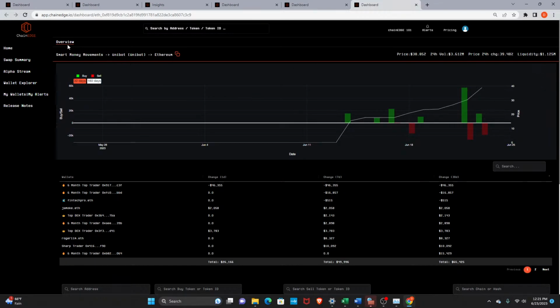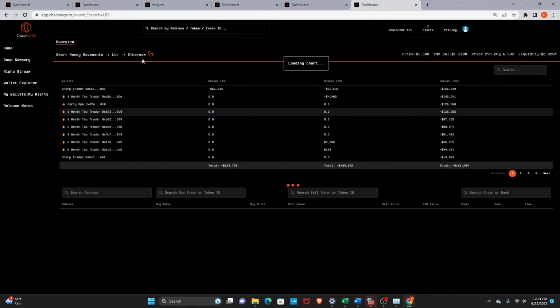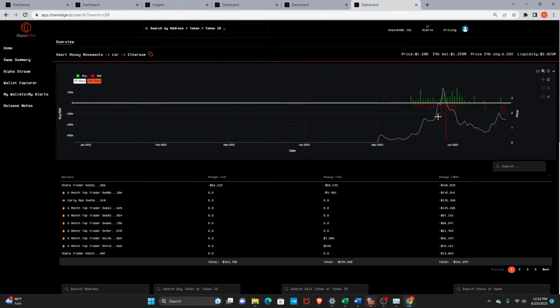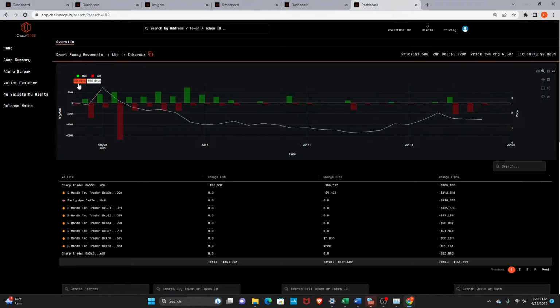And if you're going through these charts, what I typically look for, LBR is a good example when you're trying to understand what's going on in the charts, is when you start seeing the sells. I wonder how long ago is this? I think we can do it on 30 days.